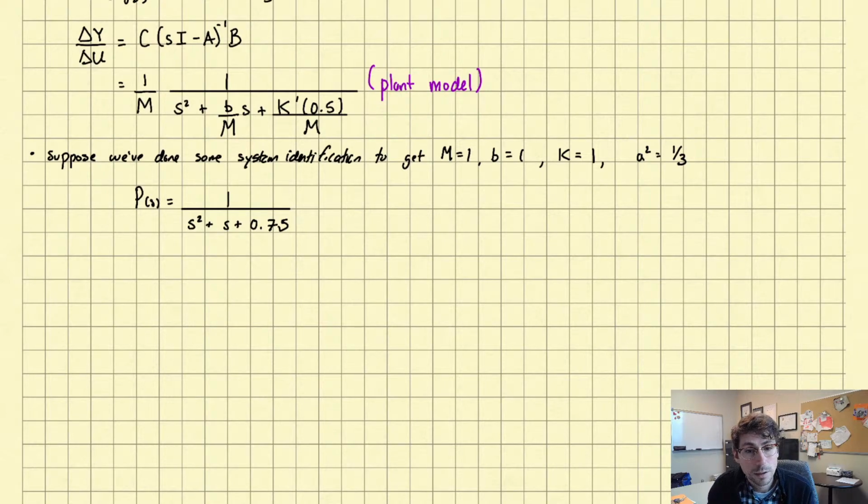Now, I'll remind you that our specs are to keep the plant at this point 0.5 and then step tracking. Now, the plant has poles at s equal to -1/2 plus or minus j 1/√2.